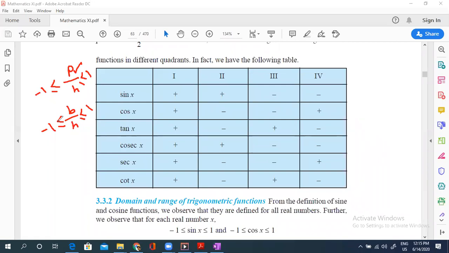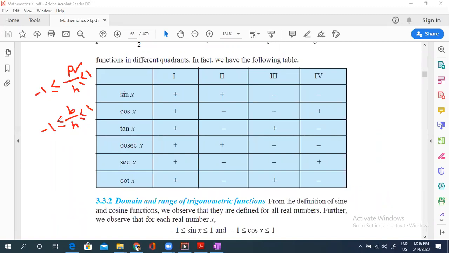See, we just studied, right? If you talk about the maximum value, the maximum can be when perpendicular or base is equal to hypotenuse, which is equal to 1.